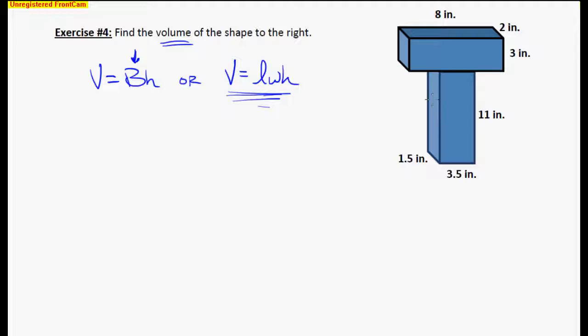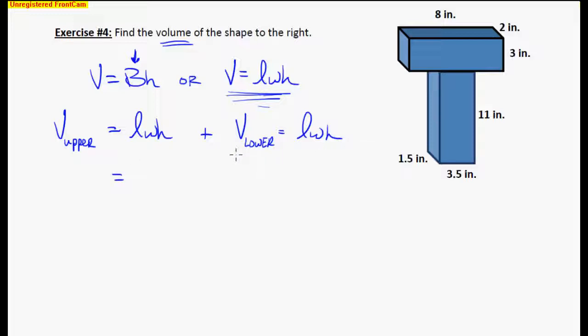So I'm going to find the volume of the upper prism, and I'm going to find the volume of the lower prism. And what am I going to do with those? If I want the total volume, I'm just going to add them together. So I've got L times W times H, length times width times height, on the upper box, and length times width times height on the lower box. And again, you just plug in the numbers.